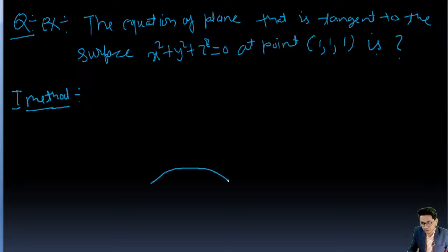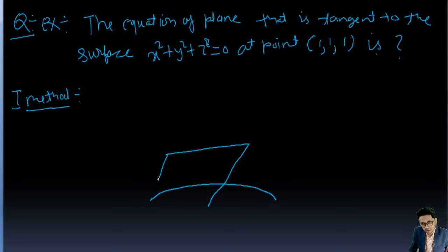Suppose this is the surface which is given, and this is the plane which is tangent to the level surface at point 1 1 1. This point is O, and coordinates are 1 1 1.